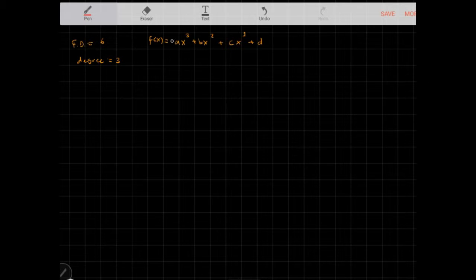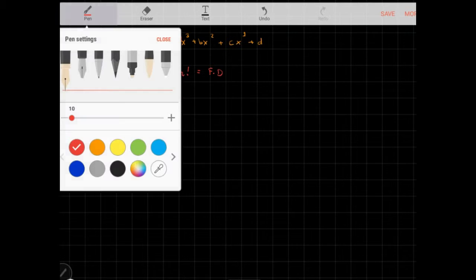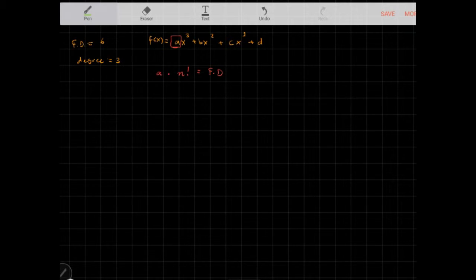And we know that this is a cubic function. Let's figure out the leading coefficient. How do I figure out this a value? I'm going to explain why this is really useful later on, but right now, how do we determine the a value? Well, there is an equation: the leading coefficient times the degree factorial is equal to the finite difference. This is an equation that you might want to remember. It's really useful in terms of finding your leading coefficient.